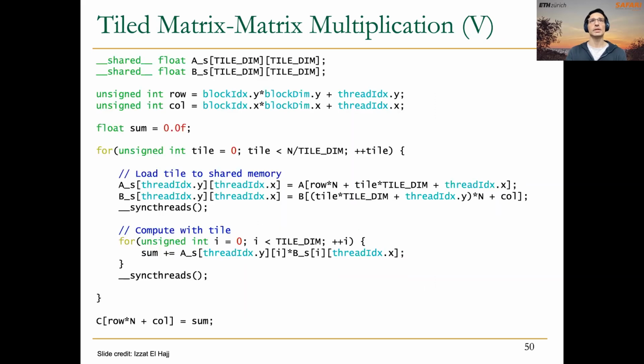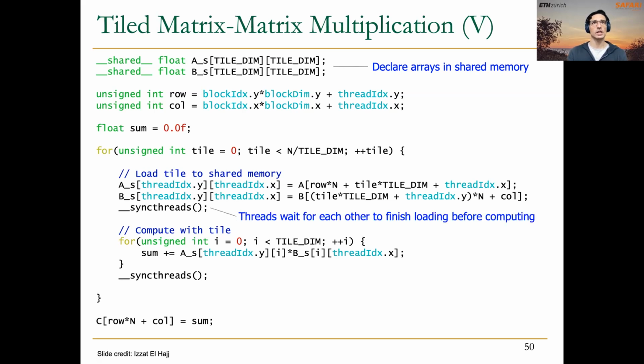And the next tile. And this is how the code looks like. First of all, we have to declare the arrays in shared memory, the tile for A and the tile for B. Then observe that we again calculate row and column based on block indices, block dimensions, and thread indices.